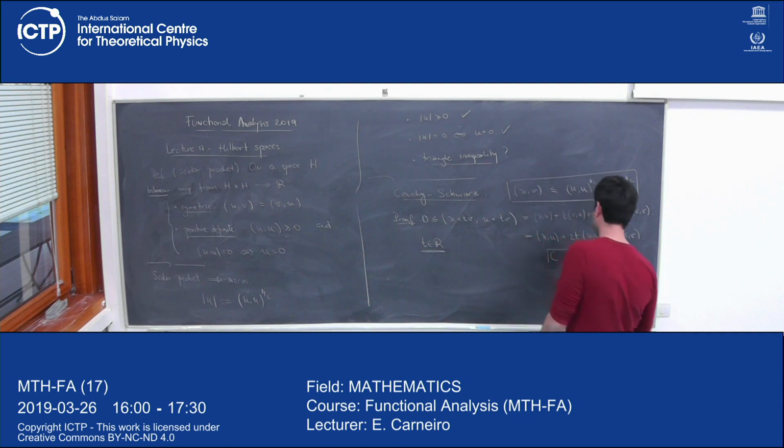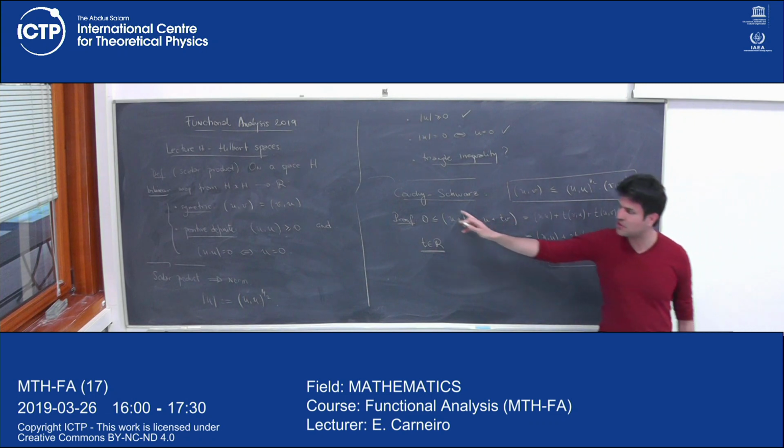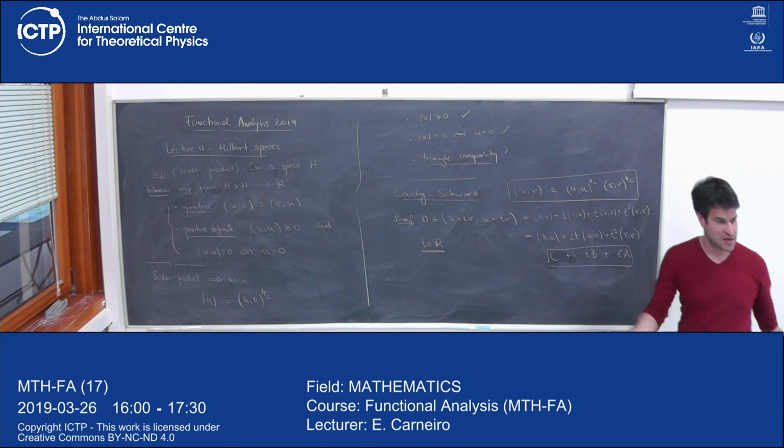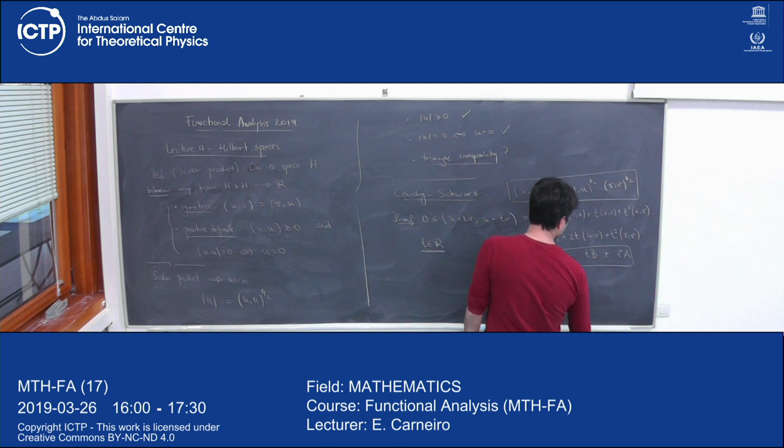This is always bigger or equal than 0. If you learn in high school, whenever you have a quadratic that is bigger or equal than 0 for every real number, the discriminant, b squared minus 4ac, has to be what? Less than or equal than 0.